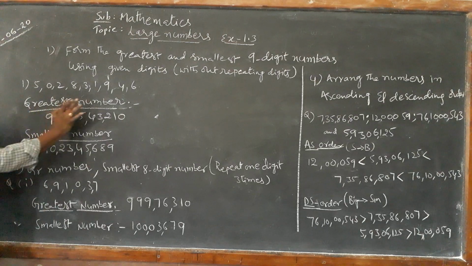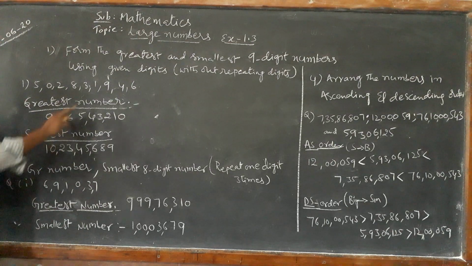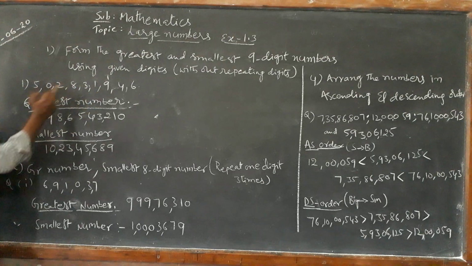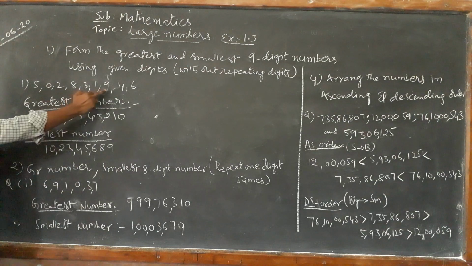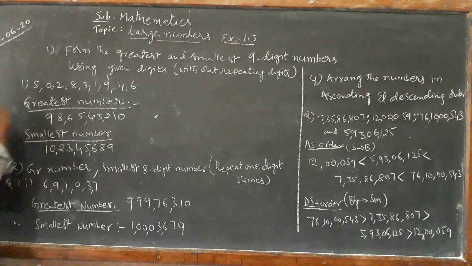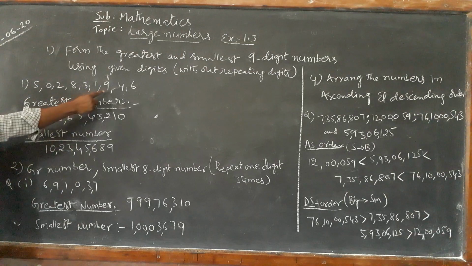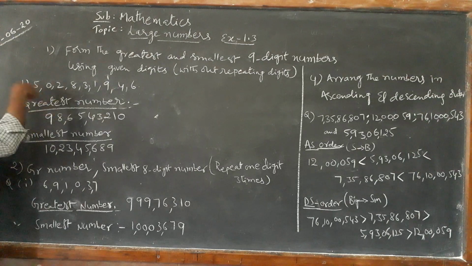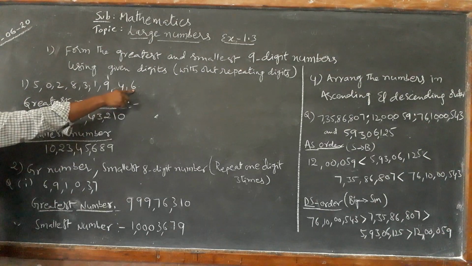Now starting with the greatest number. How to write the greatest number? To write the greatest number, the greatest digit should be taken in the first place, leftmost. Take the greatest digit out of all, and the next greatest is 8. First one is leftmost, 9, and the next greater digit is 8. Next to 8 the greater digit is 6.